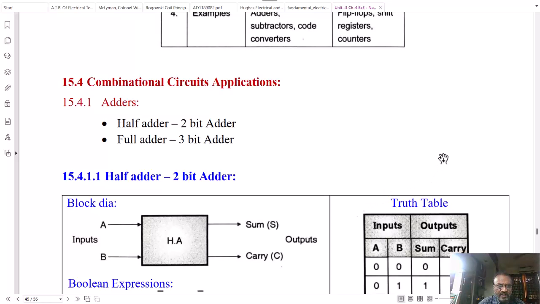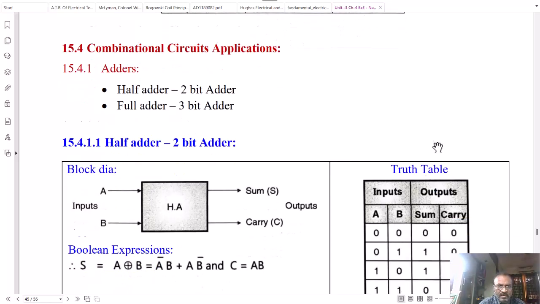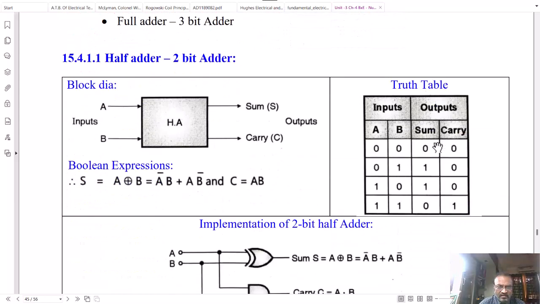Let us see the combinational circuits in your syllabus. We will see binary adders. Binary adders are of two types, half adder and full adder. Half adders are also called 2-bit adders, and full adders are called 3-bit adders.